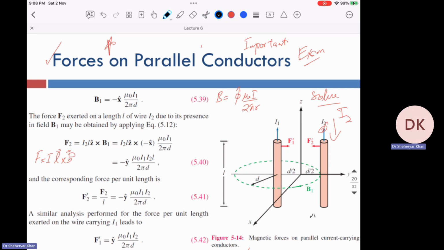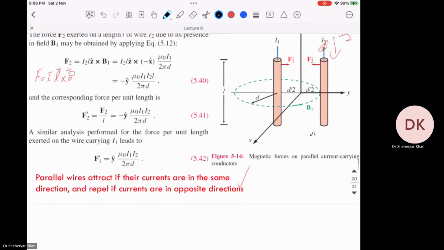If one is going up, one is going down, then repulsion. Okay? So you need to solve this for understanding. If there are two parallel wires, they will attract if they are in the same direction and repel if currents are in opposite directions. Okay? This is very, very important.